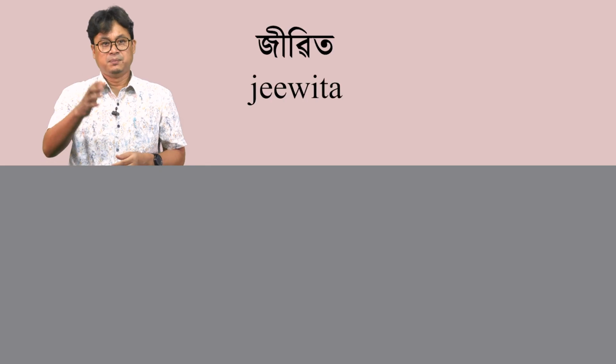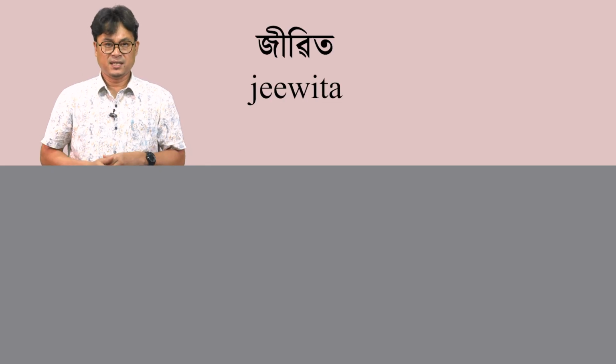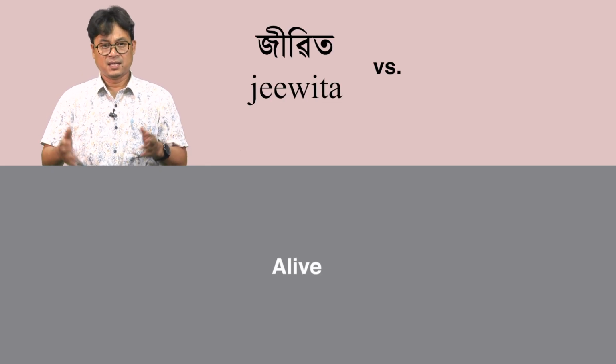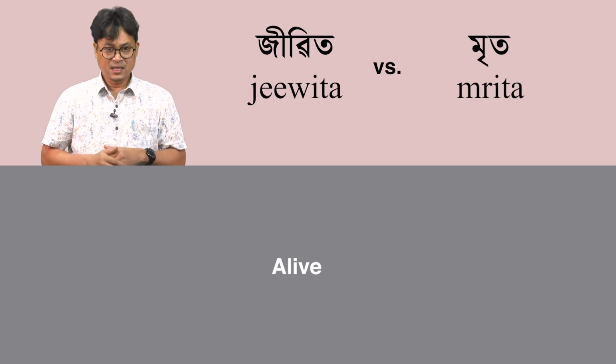Another type is complementary antonyms. These are absolute opposites where the existence of one automatically excludes the other. For example, zibito. Zibito means alive versus mrito. Mrito means dead. There is no middle ground or intermediate between these two states.